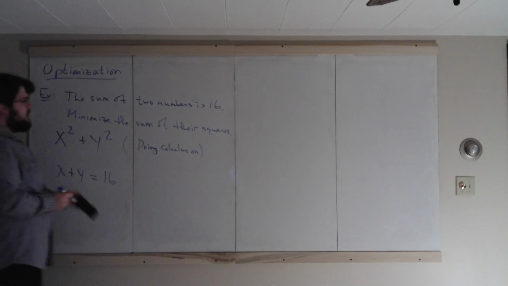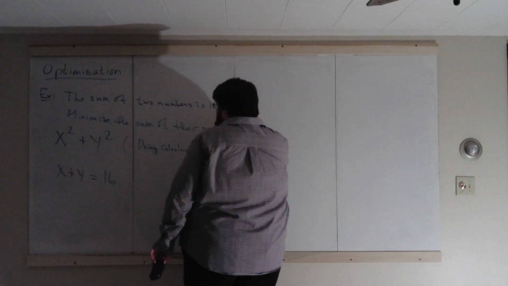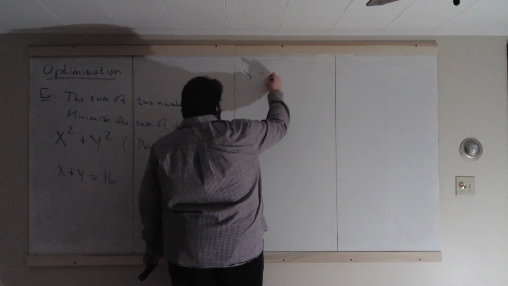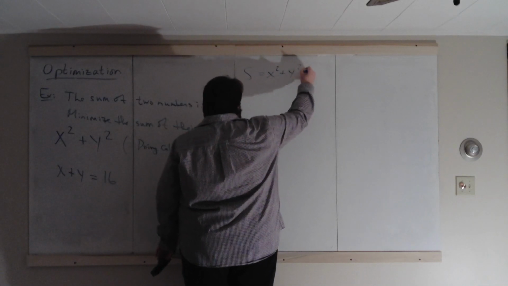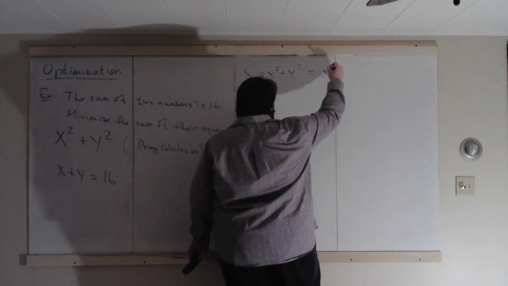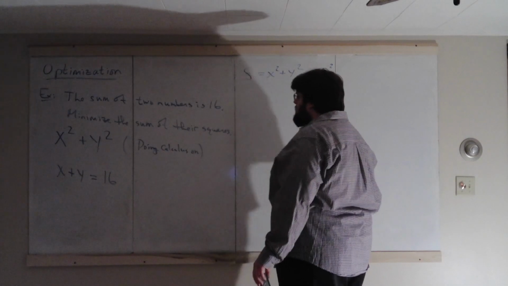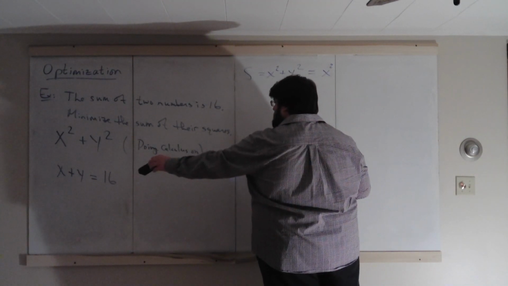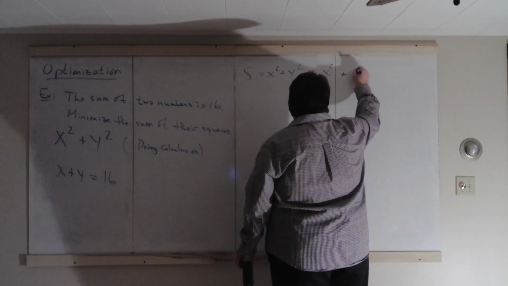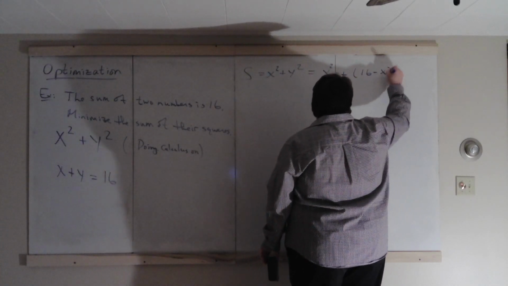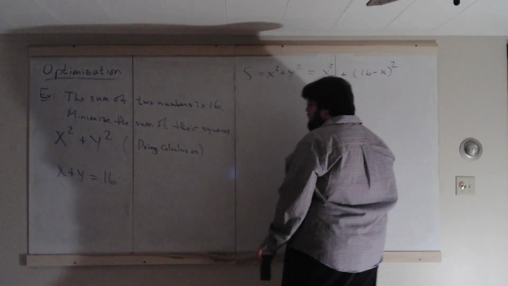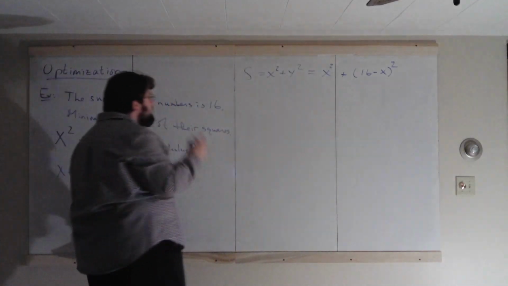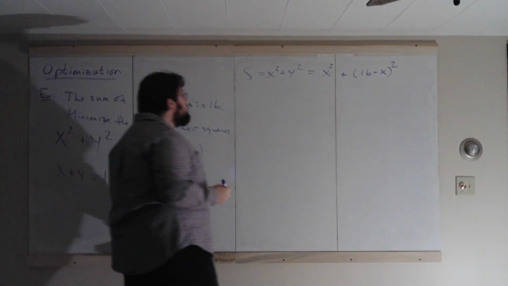Well, if that's the case, let's call this capital S, x squared plus y squared. I always like doing calculus with x's, so let's eliminate y. y equals 16 minus x. Distribute that through, and what do you get?